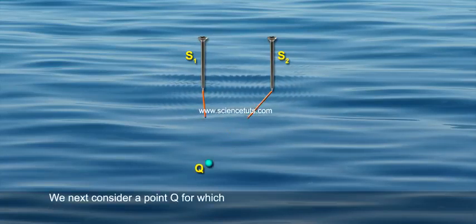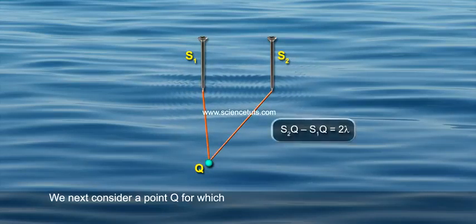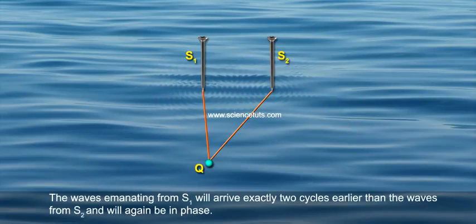We next consider a point Q for which S2Q minus S1Q equals 2 lambda. The waves emanating from S1 will arrive exactly 2 cycles earlier than the waves from S2 and will again be in phase.